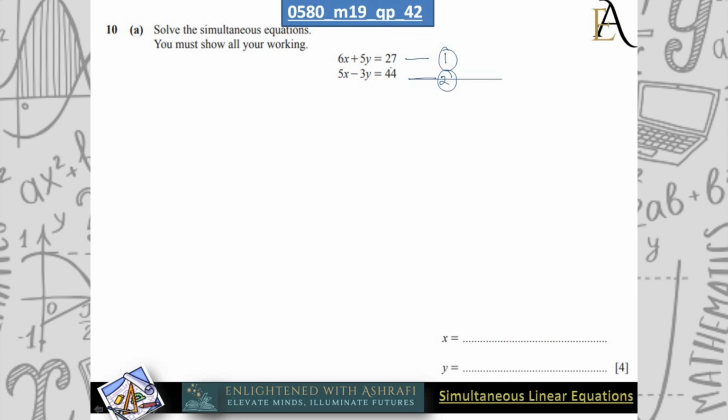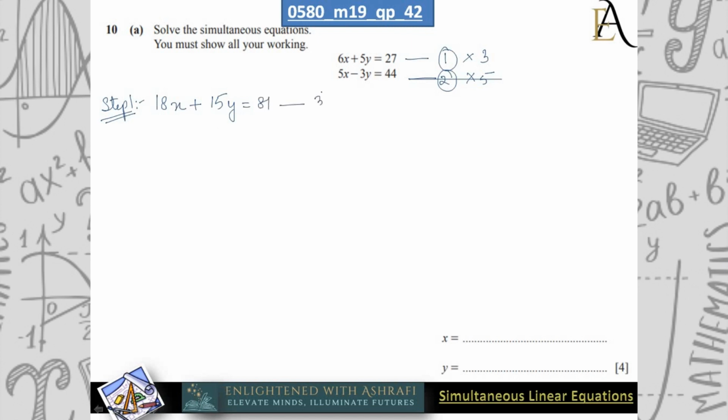So let's cancel out our y's. Let's multiply this by 3 and this by 5. So step 1, if I multiply my first equation with 3, then 6 3s are 18x plus 5 3s are 15y equals 27 multiplied by 3 is 81.